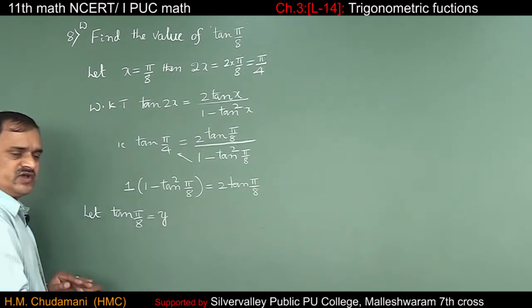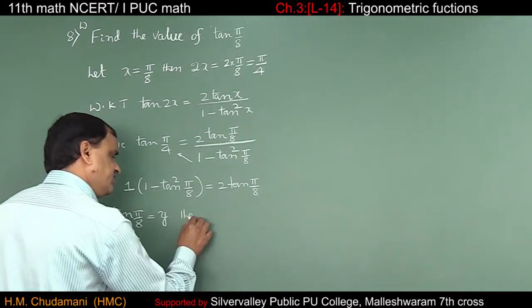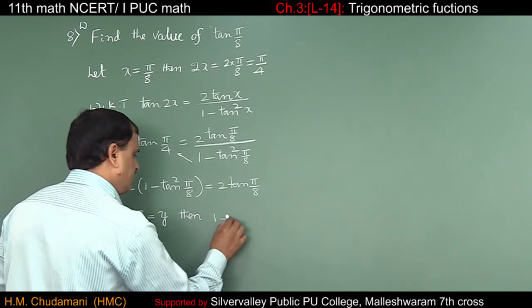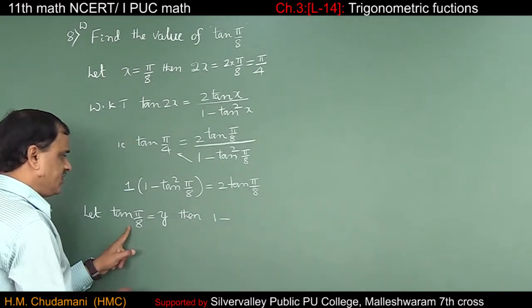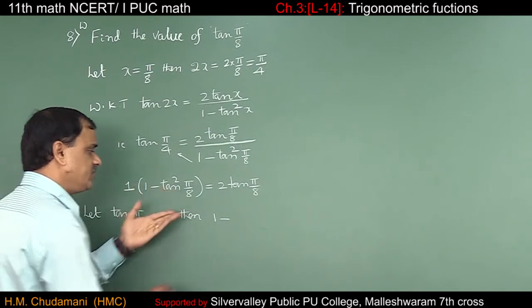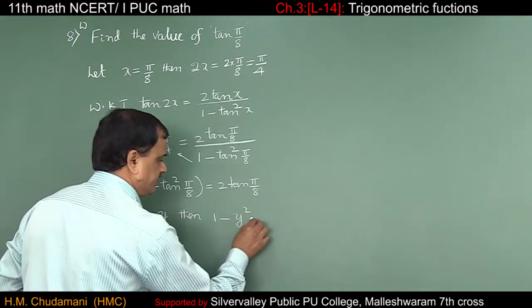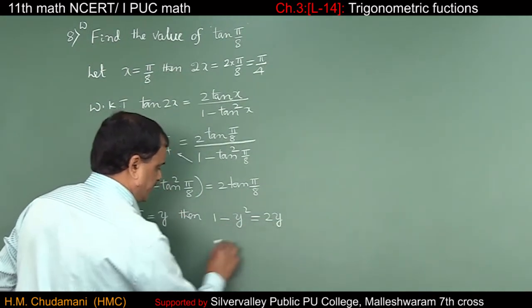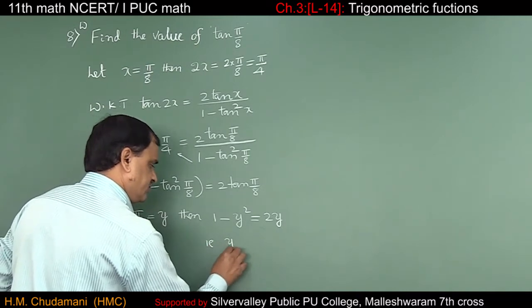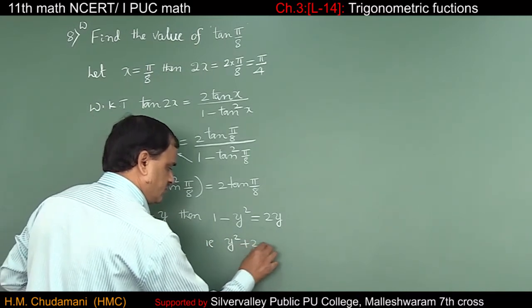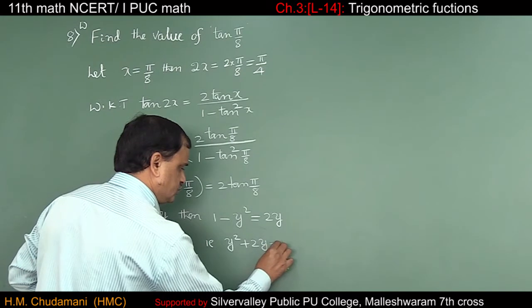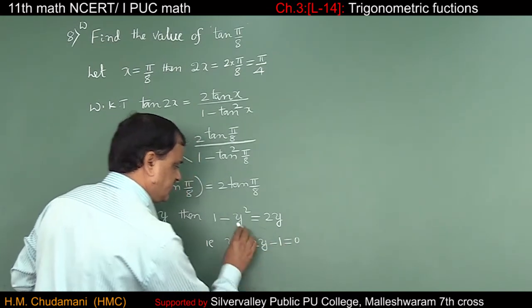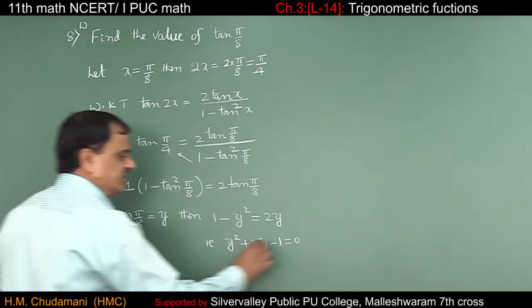Let me take it as y. So then this becomes 1 minus y square is equal to 2y. That is, shift these to the other side, y square plus 2y minus 1 is equal to 0, a quadratic equation in y.